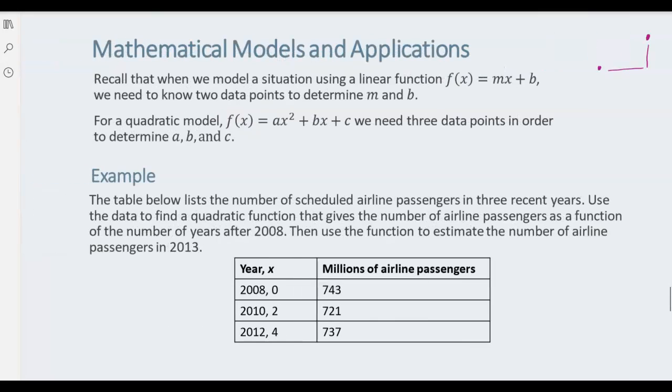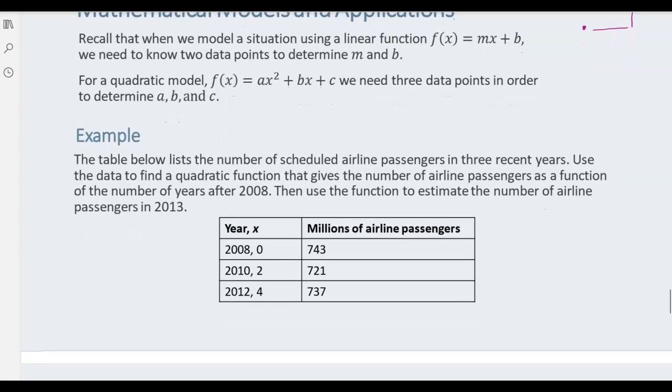So in this example below, we have the total number of airline passengers, in millions, for three particular years: 2008, 2010, and 2012. We're going to consider 2008 to be the starting point of the model we're building, so in that year we'll scale it back to 0 years after 2008.